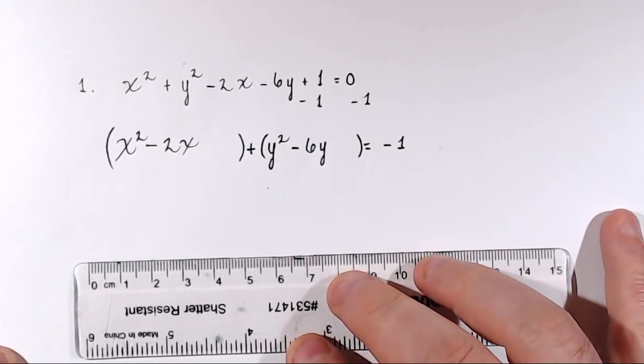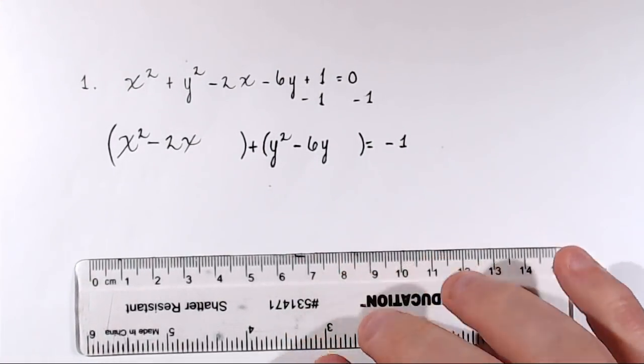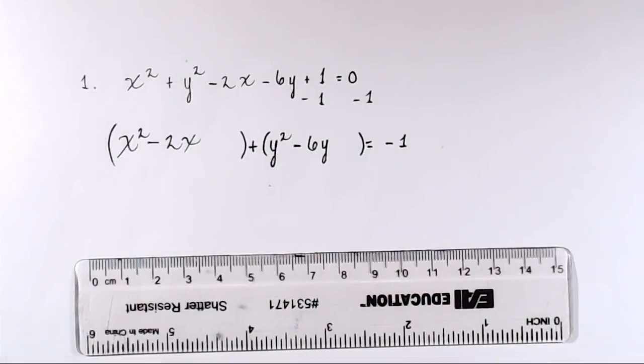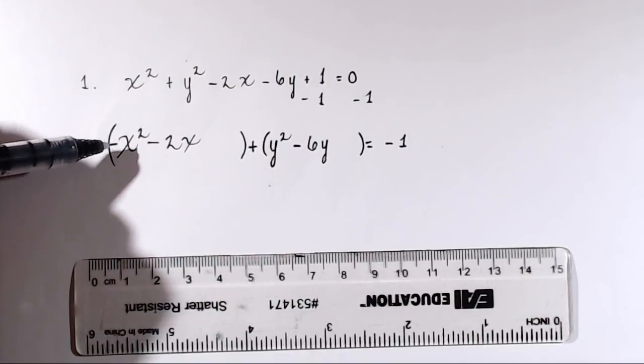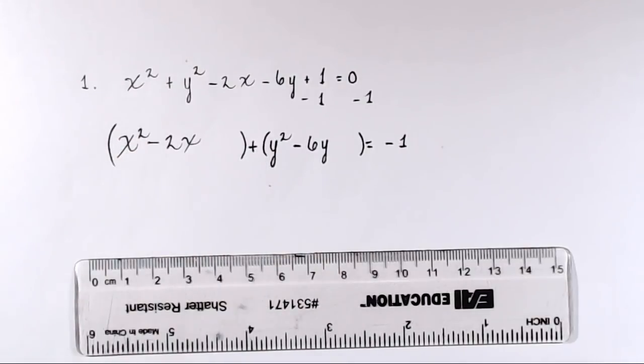Now we're going to complete the square. And that all sounds very complicated, but it really isn't. All you have to do when you get the equation in this form, and there are no numbers in front of the x squared or the y squared, the equation didn't come with any.